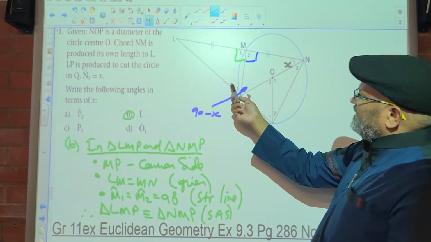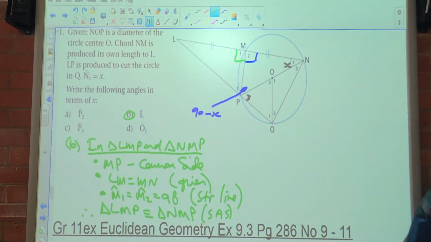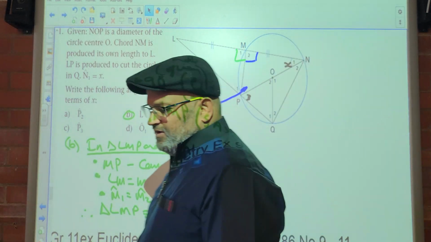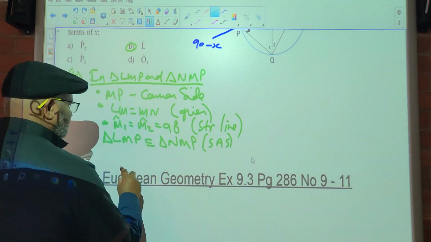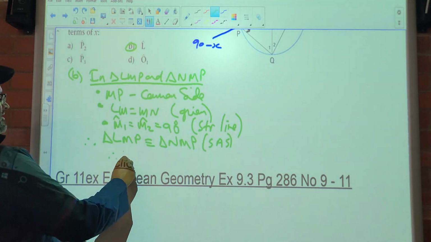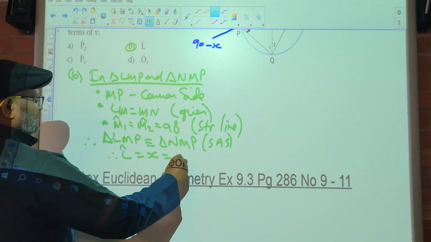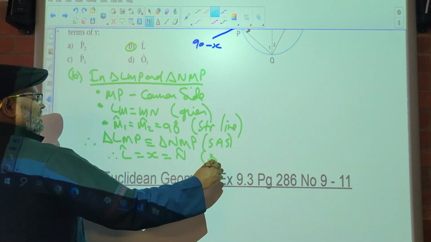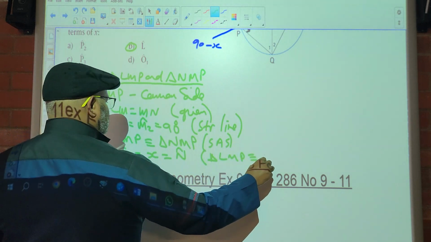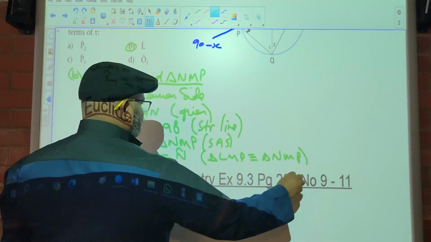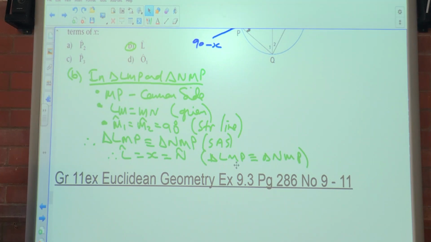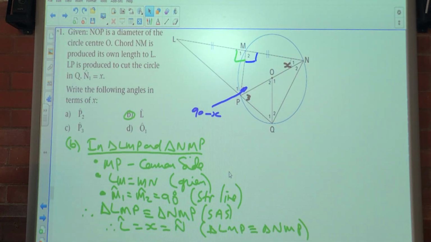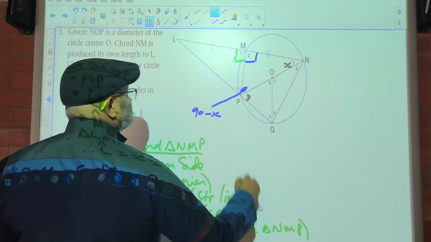We also know that the angle P of this triangle is equal to the angle P of that triangle. Can you see that, people? So with that you can conclude, therefore, angle L is equal to x, which is equal to angle N. Why? Because triangle LMP is congruent to triangle NMP. Okay. You all okay with that? So then angle L is x.